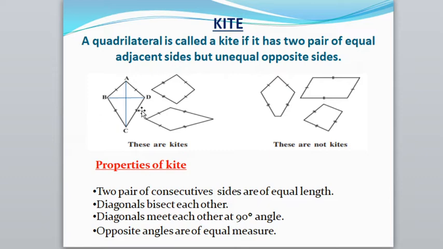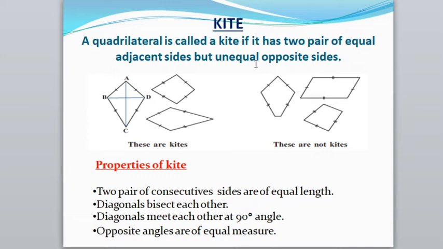Here in this figure we notice that AB is a side. This side starts from A to B, and from B another side starts. So we can say AB and BC are adjacent sides. We have to notice that in a kite two pairs of equal adjacent sides should be present, but the opposite sides are unequal.